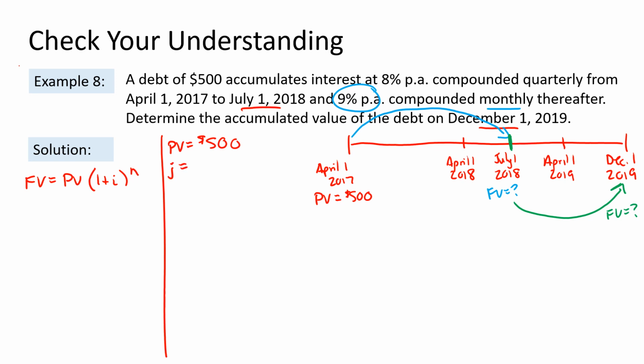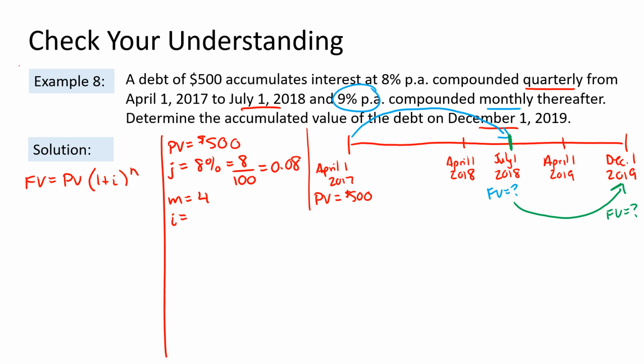Our nominal rate of interest for this period is 8%. Converting to a decimal is 8 divided by 100, which is 0.08. Our number of compounding periods per year, m, is given as compounded quarterly for this period, so m is 4.